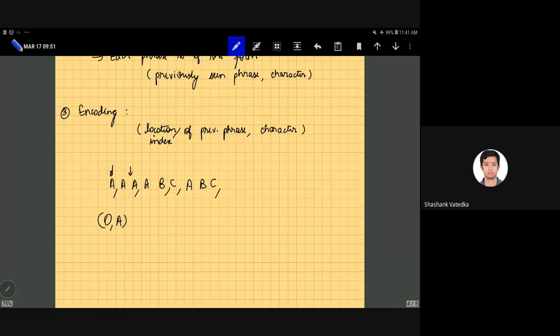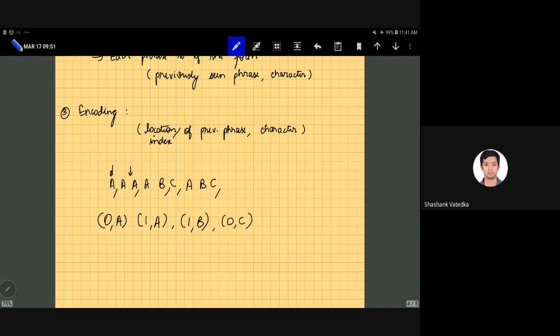Note that the encoding of every phrase is a location followed by a character. So it's just 1, comma, A. What about the next phrase? It's 1B. The next phrase is 0C.